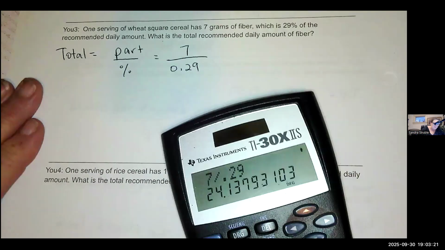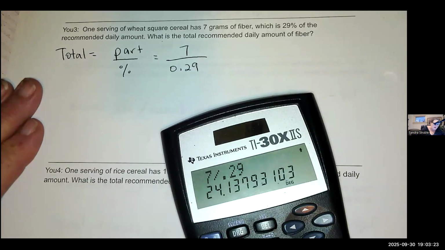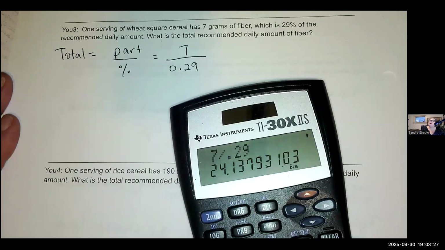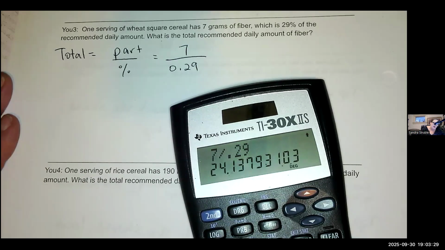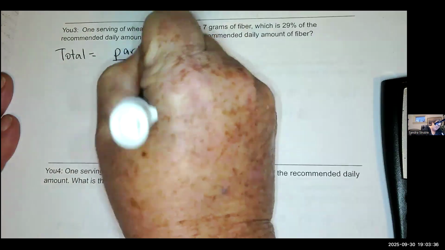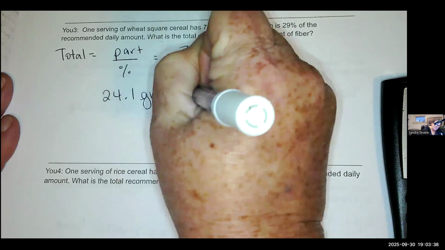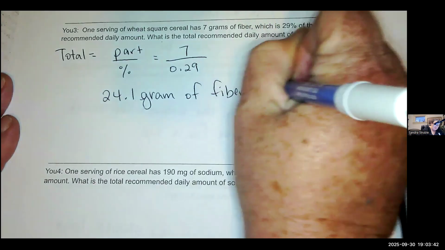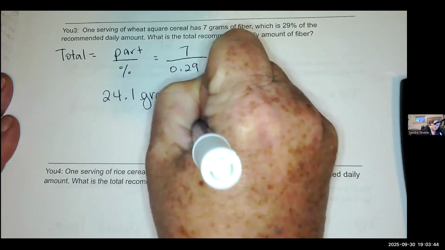Oh, that makes sense because it's almost 30%. So 24.1 is what we're going to say because we decided as a class to go to the one place value to the right. So 24.1, and what is this? Milligrams? No, grams of fiber is the recommended daily amount.